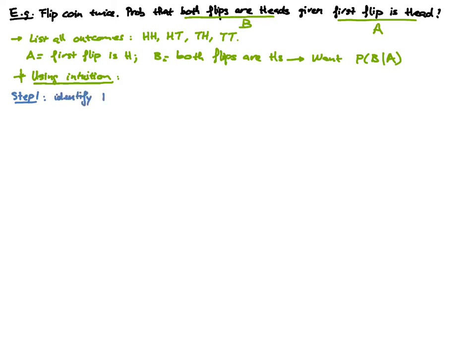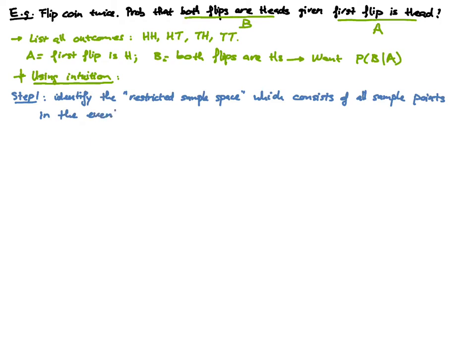So identify the restricted sample space, which consists of all sample points in the event that is being conditioned on.